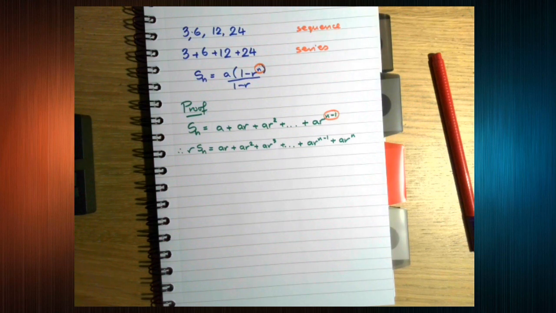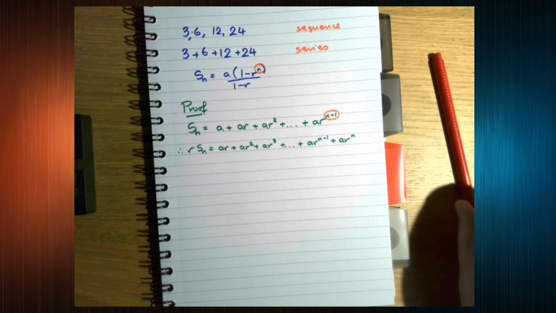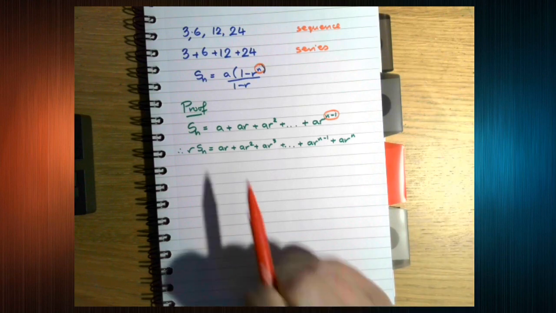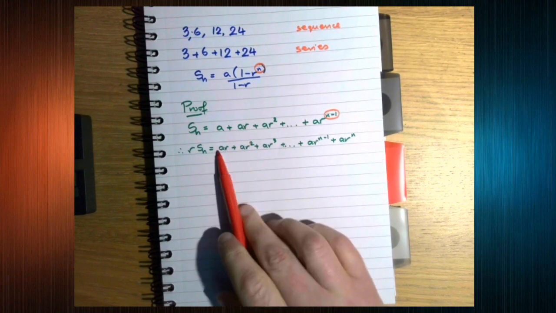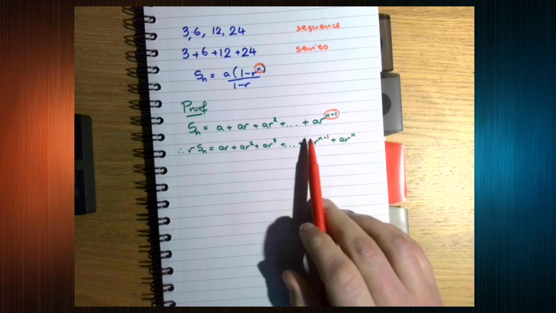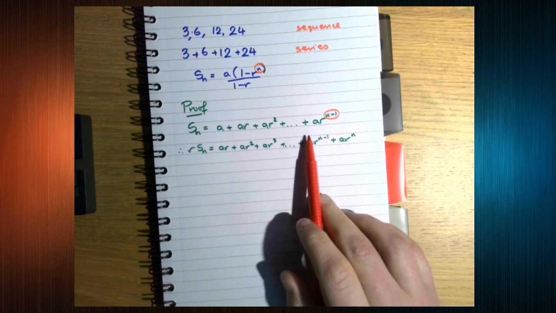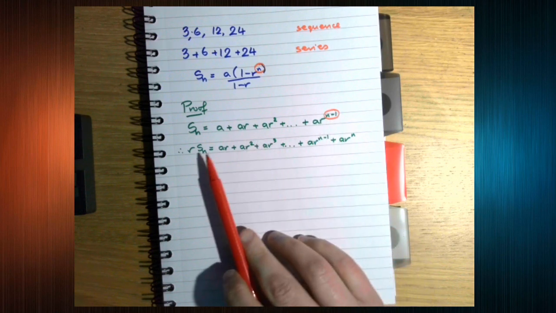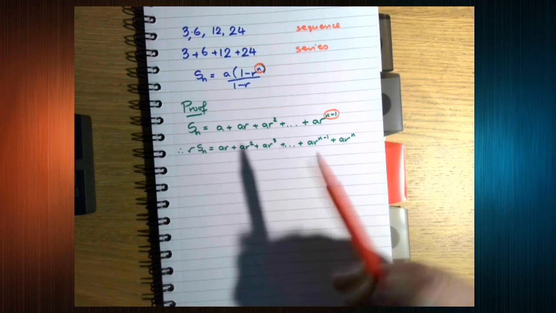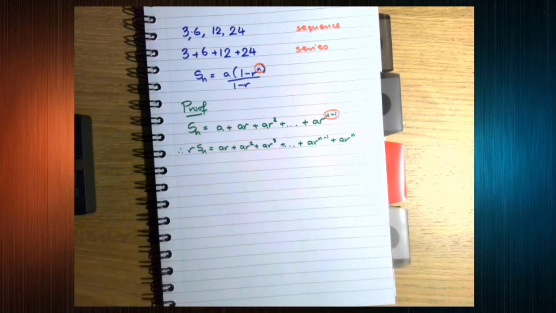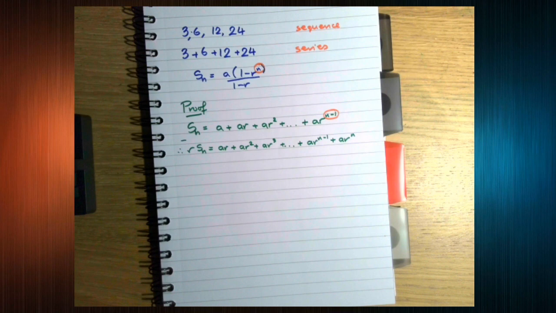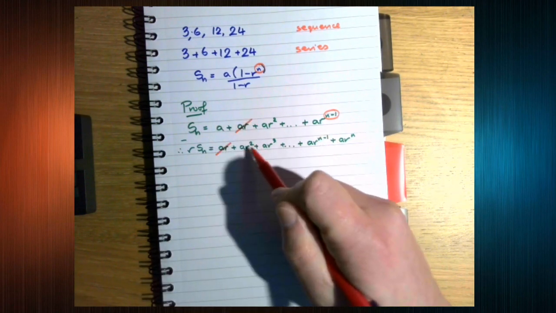Well, we've got a bunch of extra terms. If we look, though, these are the same. These are the same, and so on. So if we do one, take away the other, then these terms here are going to cancel.